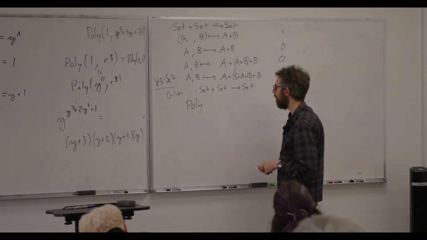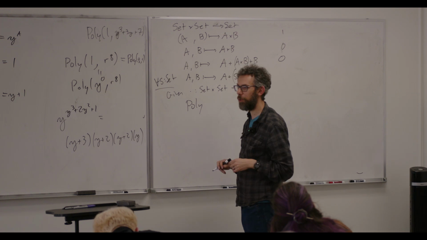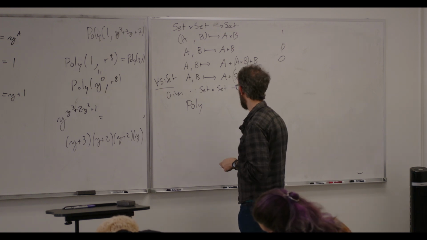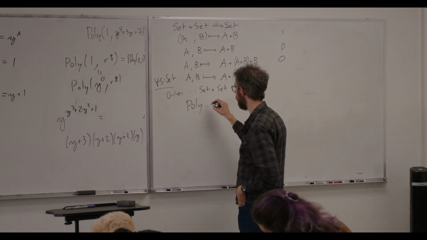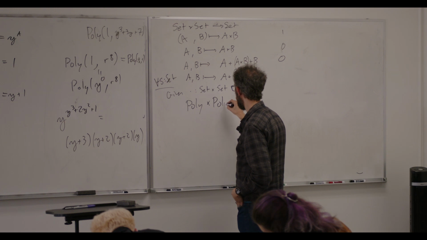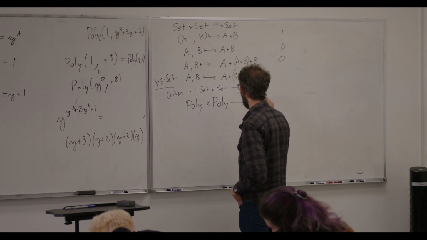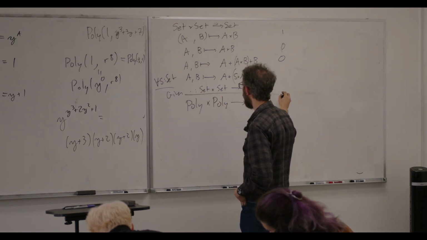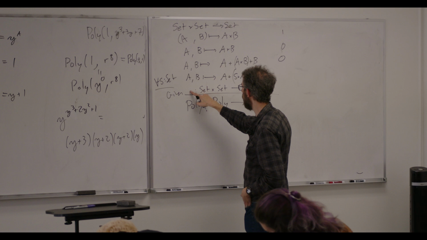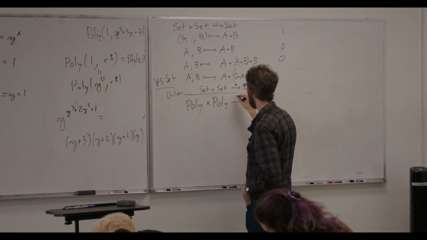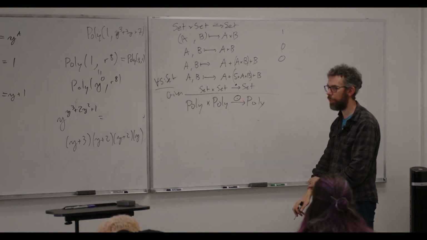Okay, so I'm going to tell you how that works for when C is set. Given this dot on set, I'll give you something called O dot on poly.